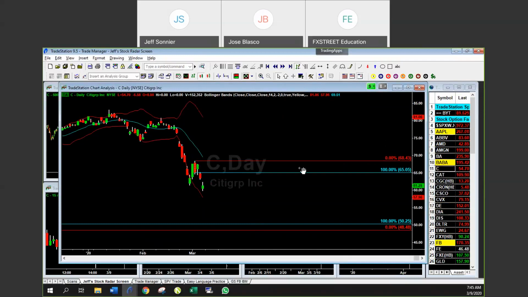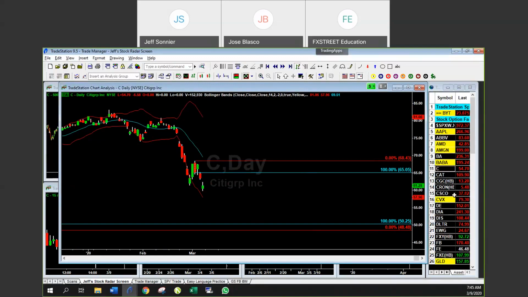Because the premiums are so high, I would tend to sell a call right here, collect the premium, and then see where the market takes it. If it doesn't work out, you have your stop in place. If it does work out, you made some money.